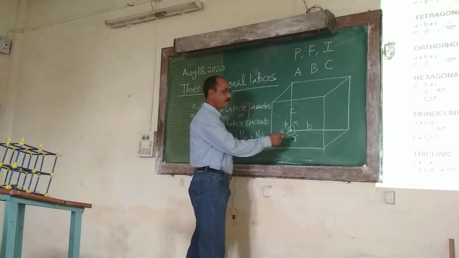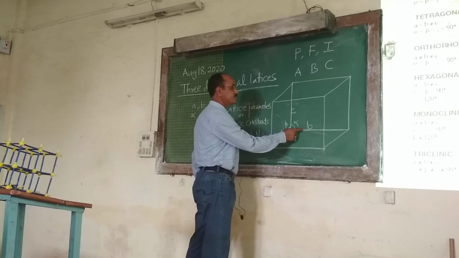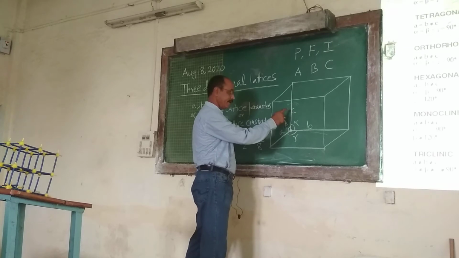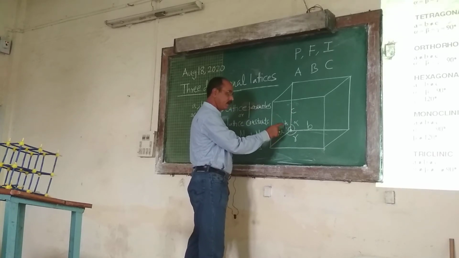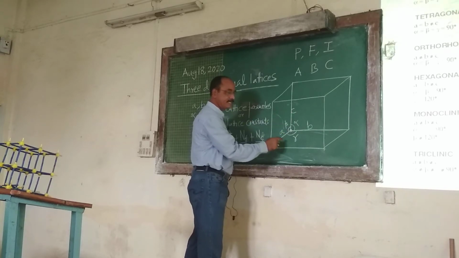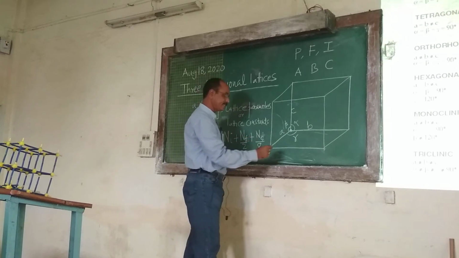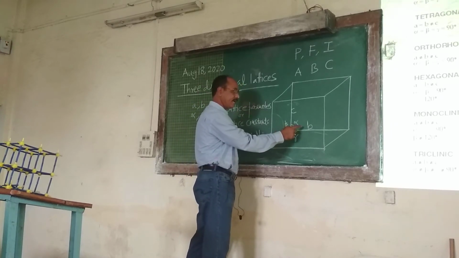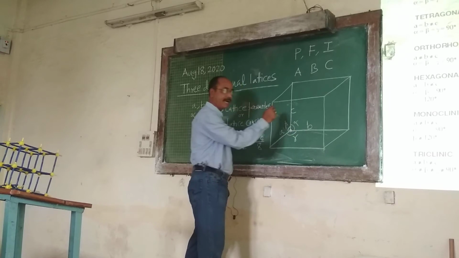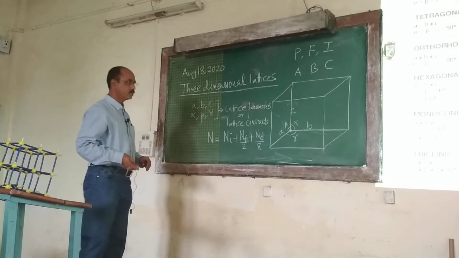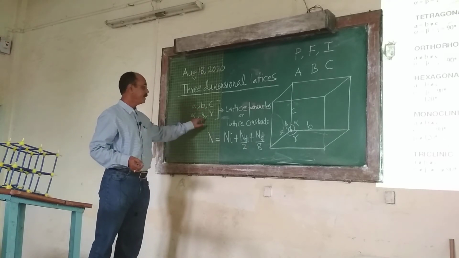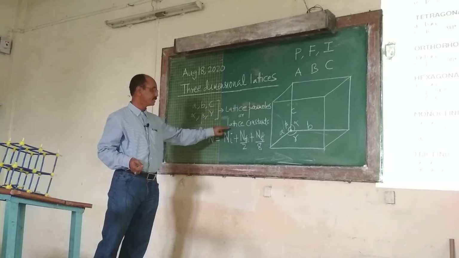Alpha is the angle between the crystallographic axes B and C. Beta is the angle between A and C. And gamma is the angle between A and B. This is the convention adopted. So A, B, C, alpha, beta, and gamma are called lattice parameters or lattice constants.